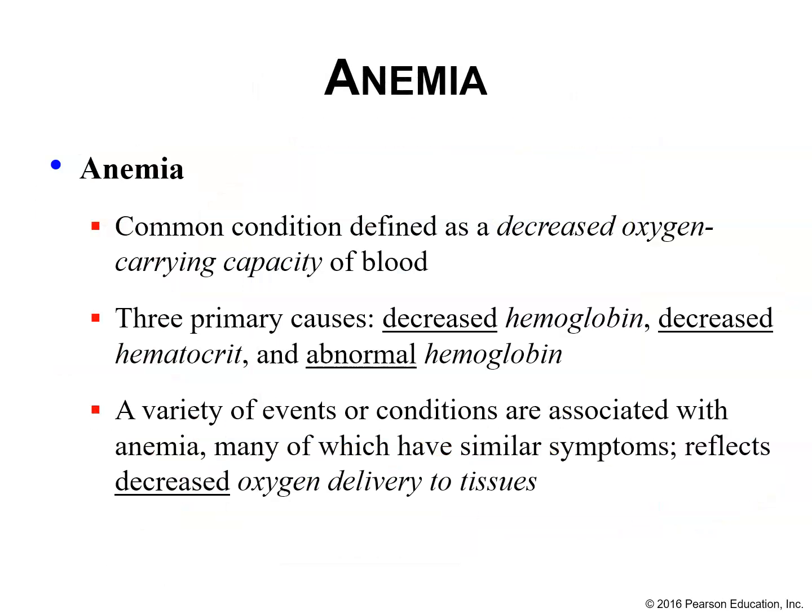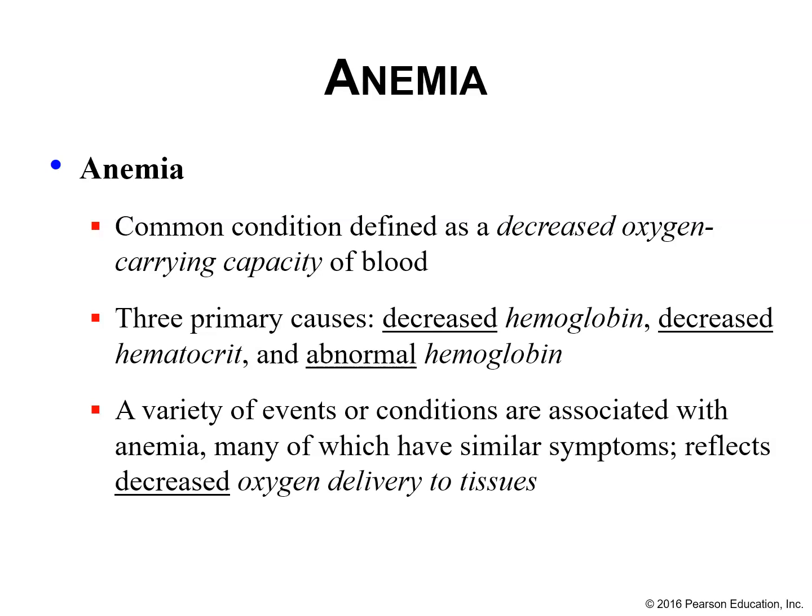Anemia is a very common condition that's defined literally as a decreased oxygen carrying capacity of the blood. There are three principal causes for anemia. One, you may just have a decreased hemoglobin. That could be from a nutritional cause or otherwise. Second, you may just have a decreased hematocrit. The red cell percentage has dropped.